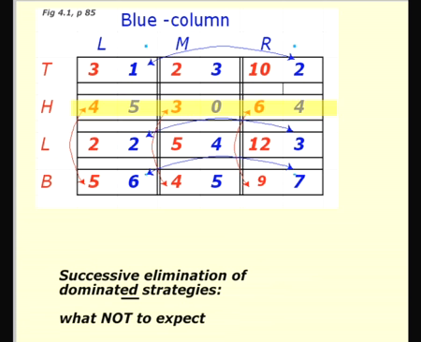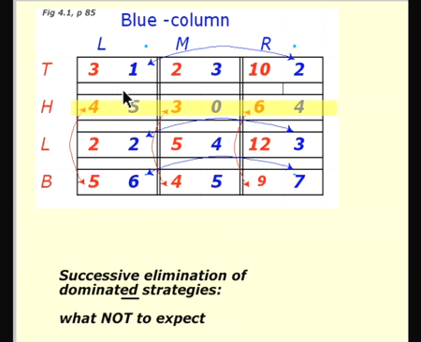Supposing we compare R and L for the blue player. Well, 1 is less than 2, 2 is less than 3, 6 is less than 7. Now notice we've crossed out H. See, L was better than R when we expected H to happen, but we don't expect H to happen now.